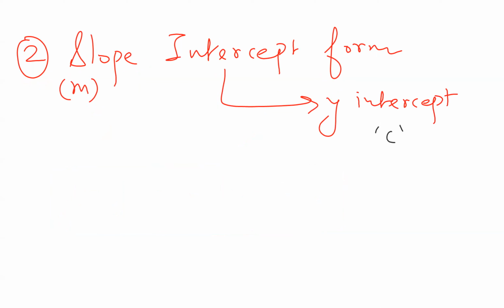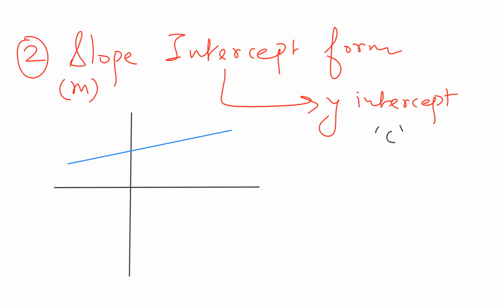So I'll take one example. So we have y-axis, we have x-axis, we have a line L. So the distance of line L from the origin, this distance is nothing but c, the distance which I have marked in green. So this is the y-intercept.